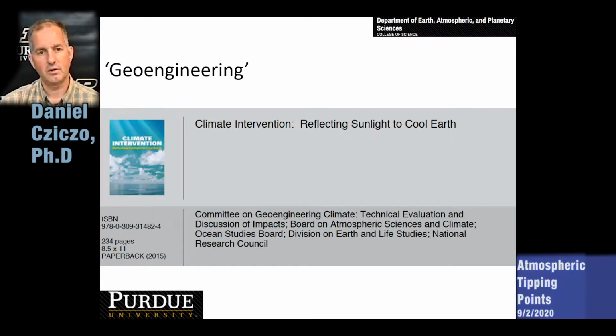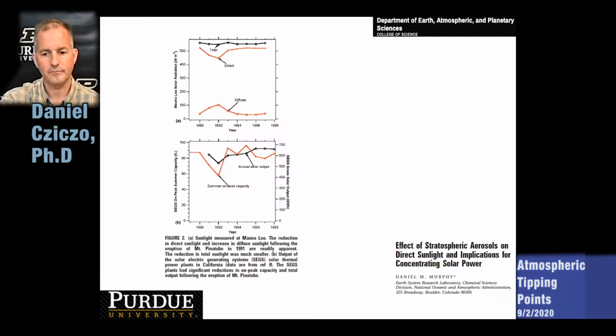And I just want to be very clear about this. The idea is to return the temperature of the planet to a lower level, but not remove the CO2. And so what you're doing is you're masking an effect. And so you can imagine that there's a number of side effects depending on what strategy you use here.